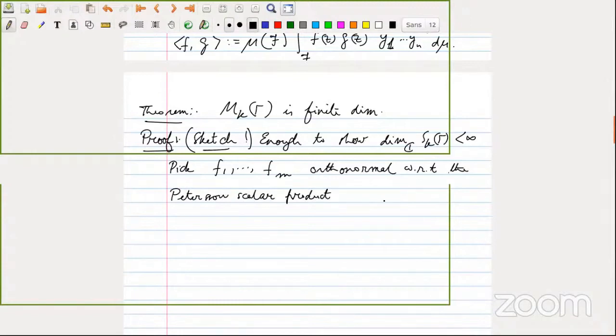So I have that the scalar product of f_i and f_j is delta_ij, the Kronecker delta.